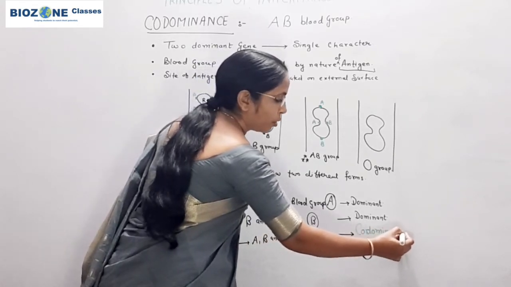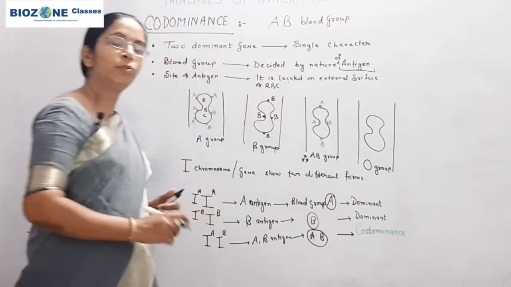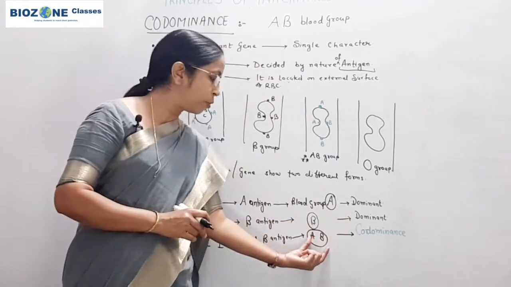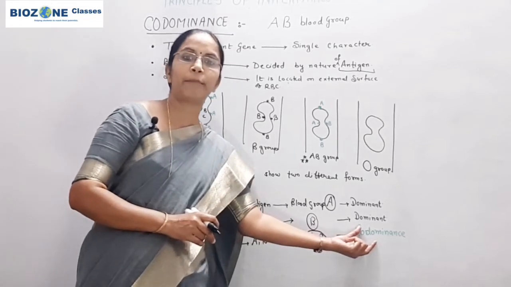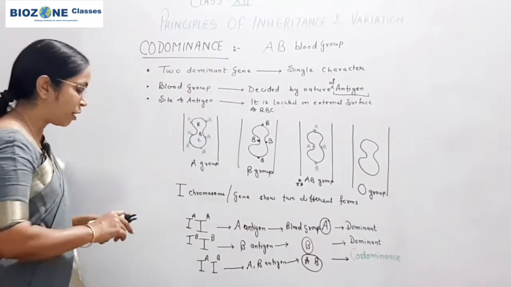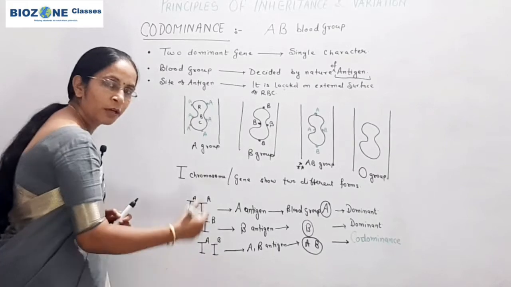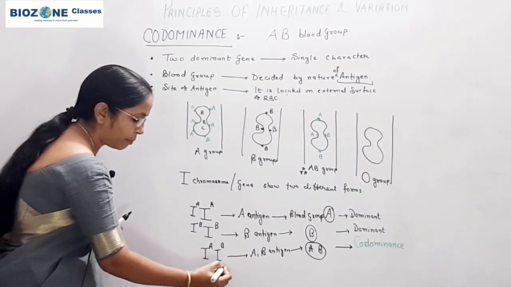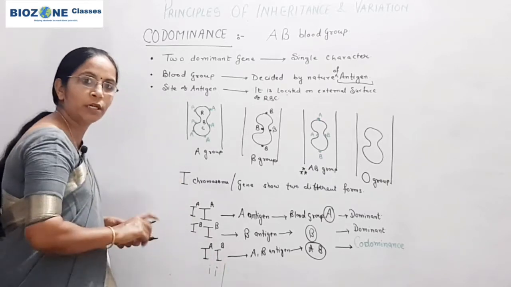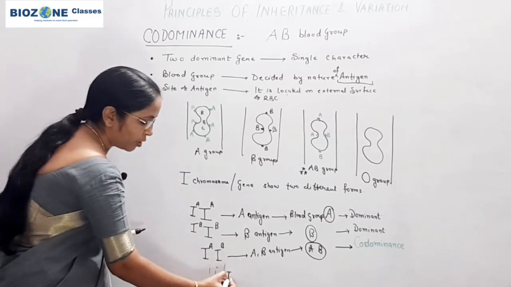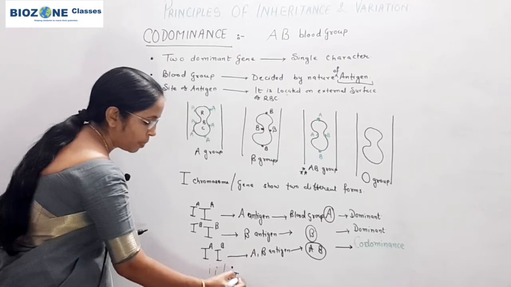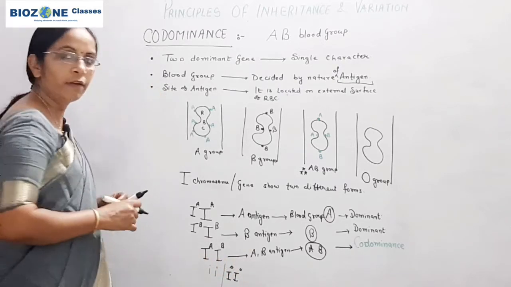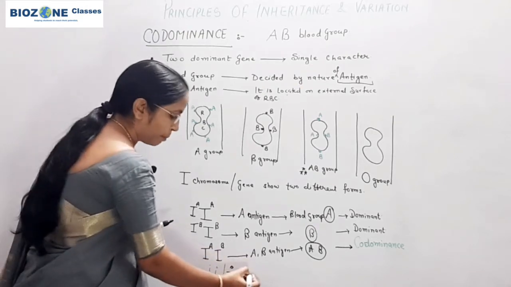So this part you remember very well. Individually, blood group A and blood group B are dominant, but blood group AB is an example of codominance. When we come to the fourth character, the small i, or in some reference books I0, that means none of the genes is available, that is, A and B are completely absent.